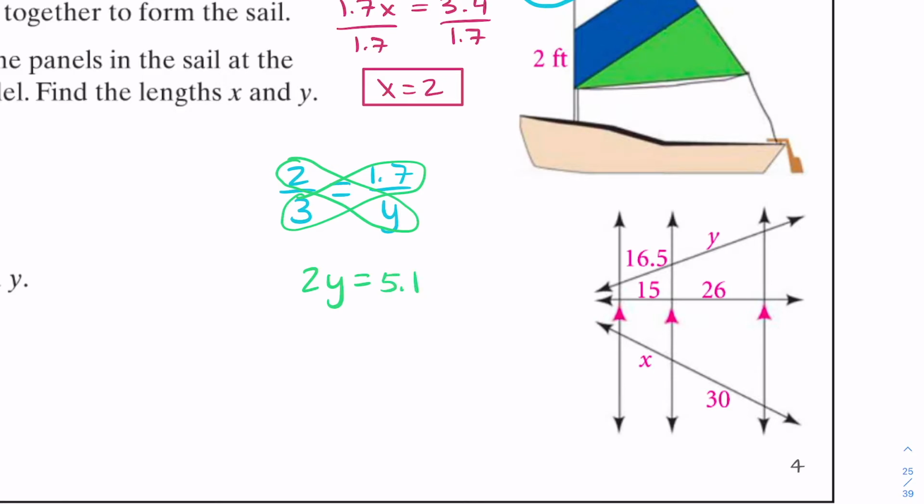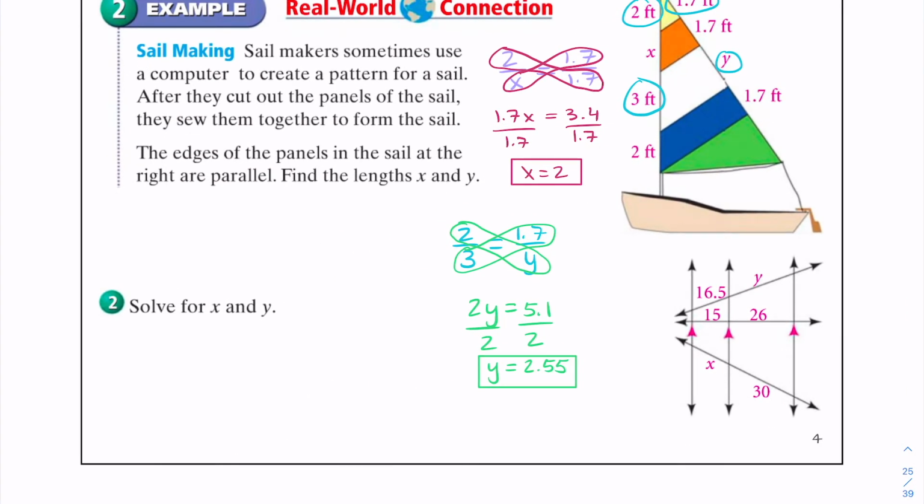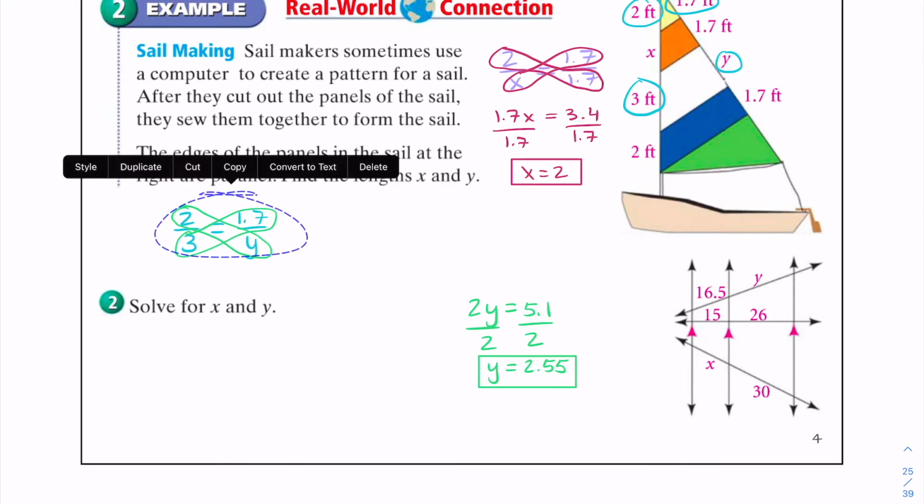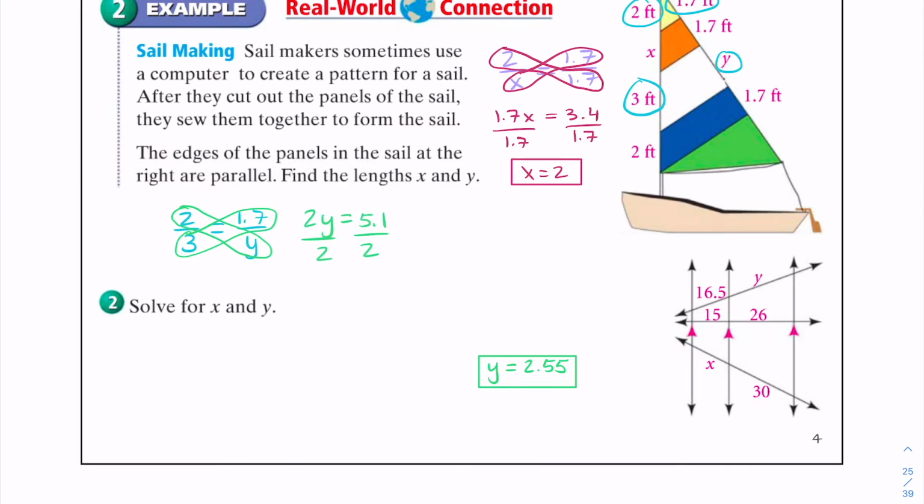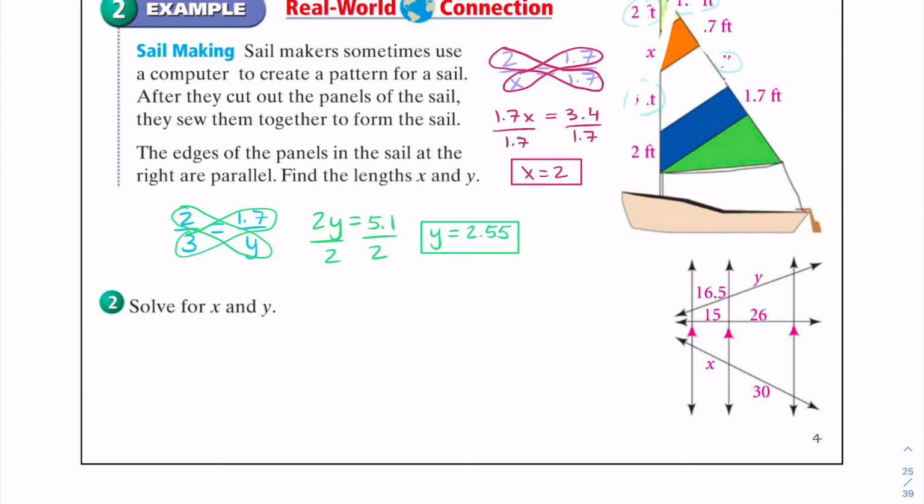Let me just make sure. 1.7 times 3 is 5.1, divided by 2. Yep. y equals 2.55. All right. There we go. Those are the lengths of our sail.